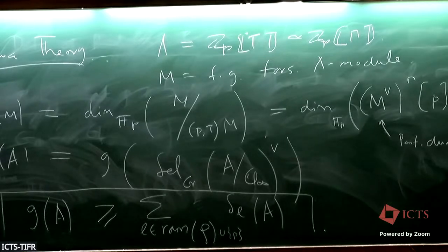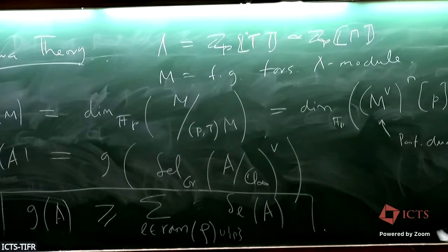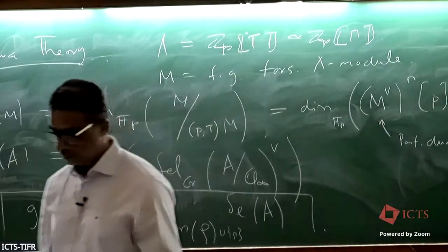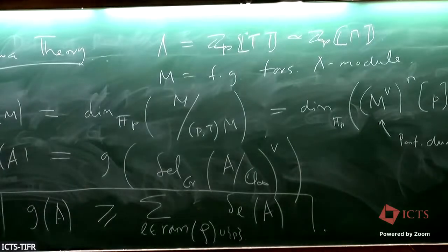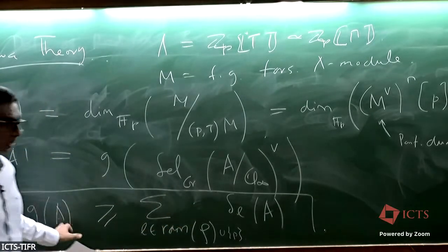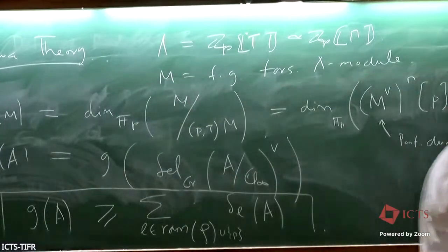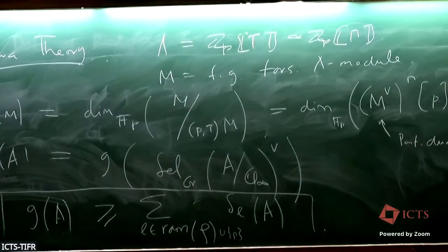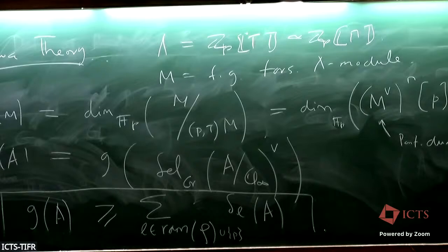Yeah, I think the Tamagawa numbers are the size and the deltas are the dimensions. So the result says that if the Tamagawa numbers are large, then the lambda-adic rank of the Selmer group over Q infinity is large. Supposedly, yes. That's my understanding, yes.